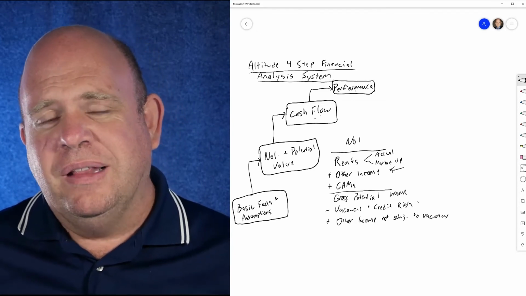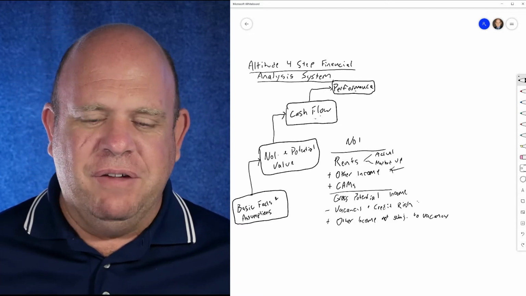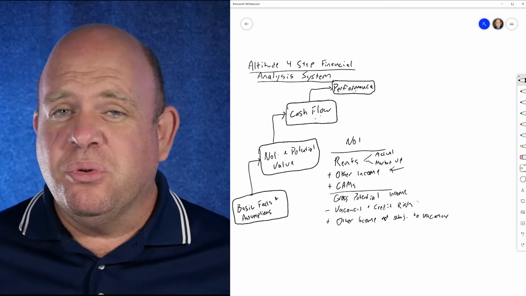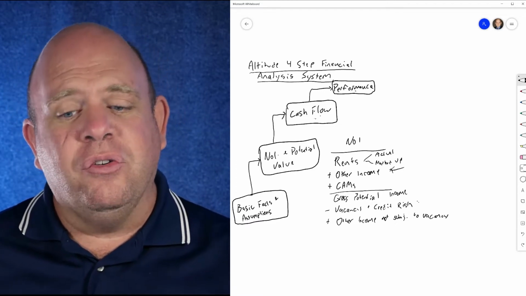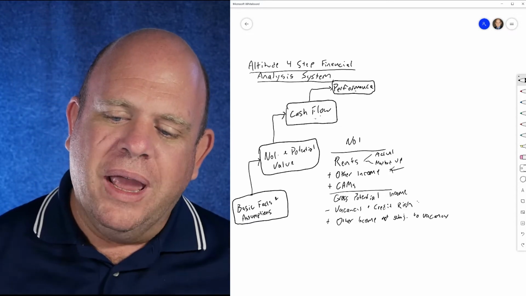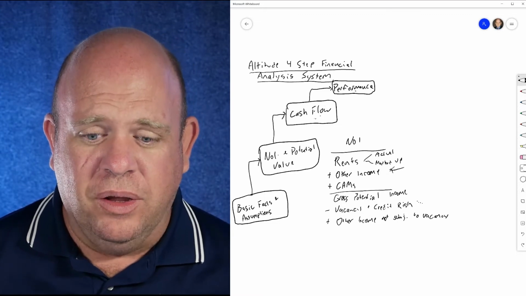So 100% leased, $500 in laundry. Now, what do you think would happen if suddenly you went down to 50% leased? You probably are going to have your laundry other income cut in half as well. So that's why it is being adjusted by this vacancy and credit risk here.